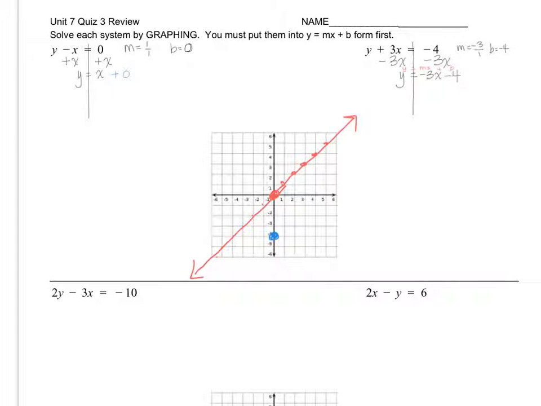But please know your slope is negative, because your slope is negative 3 over 1. So in the long run, your slope needs to be pointed downwards. But we are going to have to reverse it on the left side of our equation. So we're going to go up 3, back 1. Up 3, back 1.